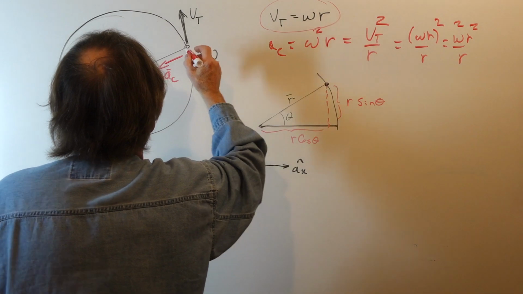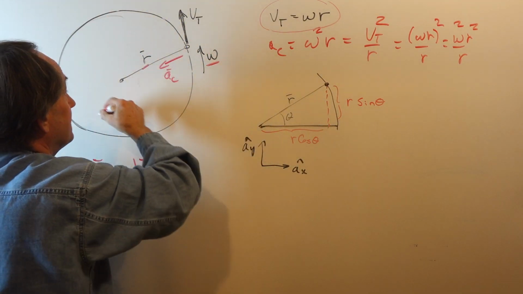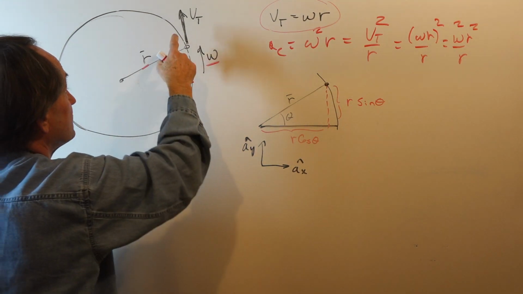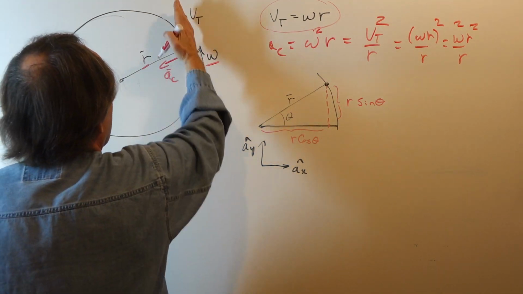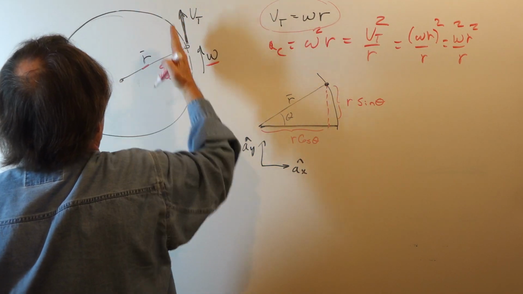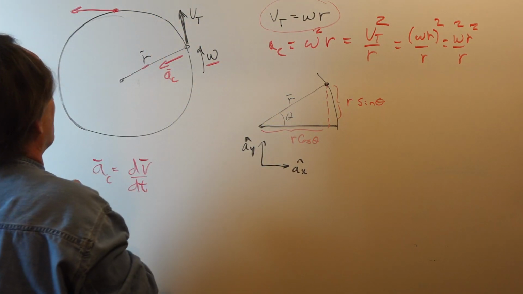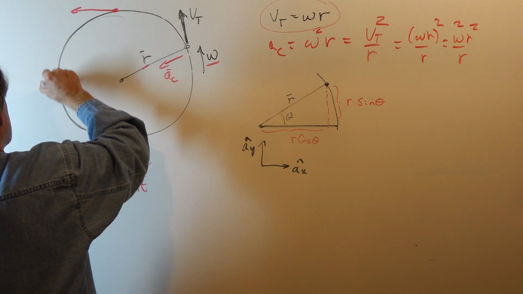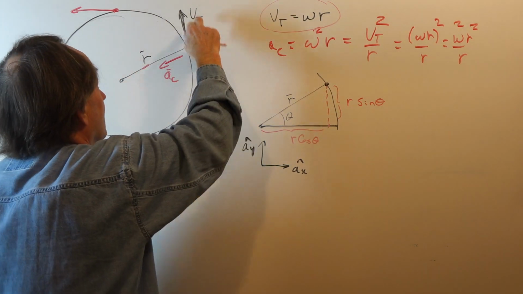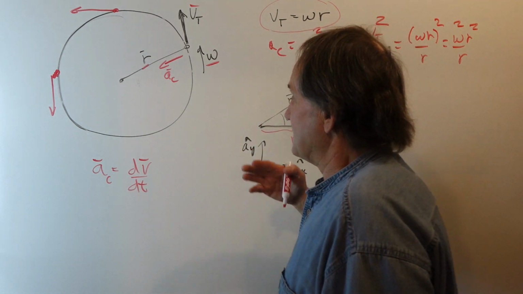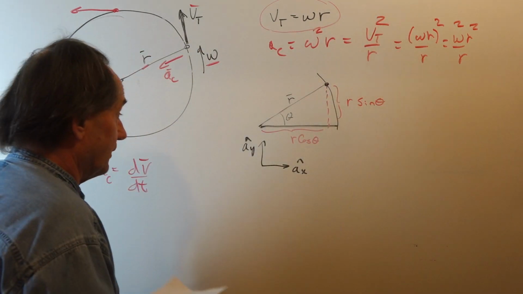Even though the velocity might have a constant magnitude as it traces out the circle, its direction is continually changing. At this point, it's pointing upwards. At this point, it's pointing straight over to the left. At this point, it's pointing downwards. So the velocity vector is always changing direction with time, and that's what gives rise to the acceleration.